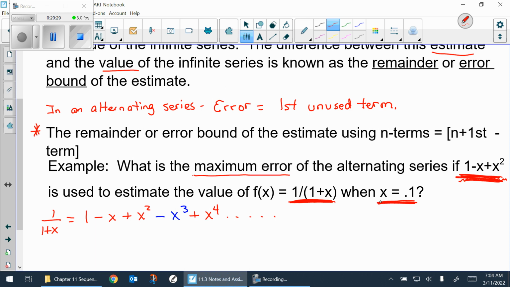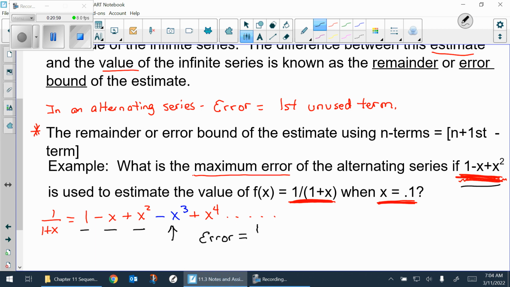Well, if I look at the terms that I did use, those are these, this is the first unused term in the infinite series. That's the first one I didn't use when I cut this off at x squared. So therefore, the error is equal to the value of the first unused term.